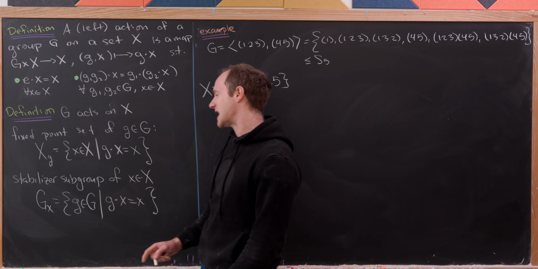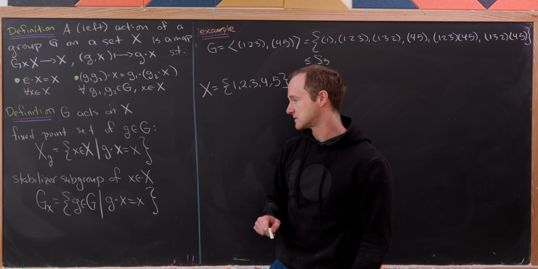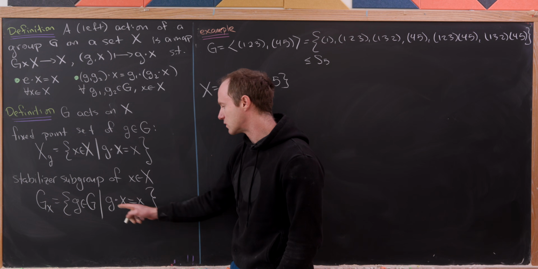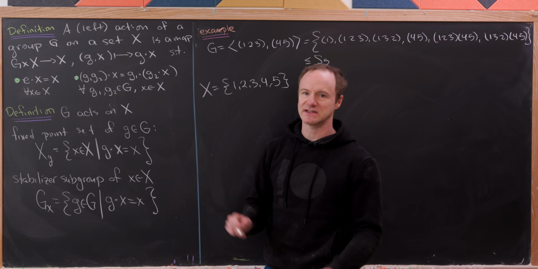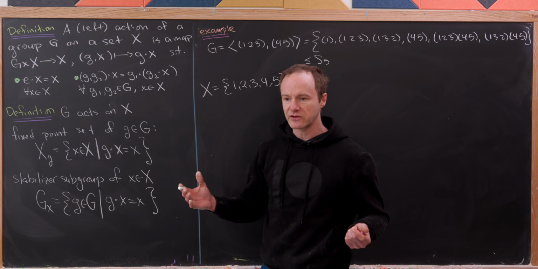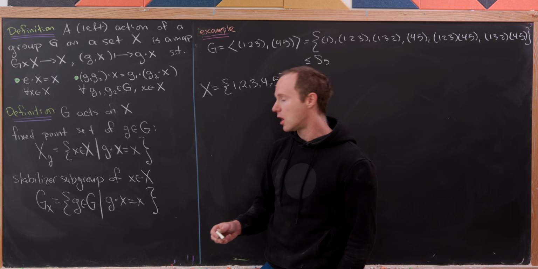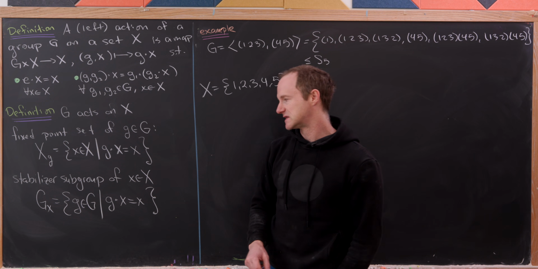And that's the stabilizer subgroup of an element x in capital X. We'll denote that by G sub x, and it'll be all g in G where g dot x is equal to x. So here we're doing the opposite, if you will. We're sorting through all of the elements of the group, and we're picking all of the ones that fix this single element from the set.